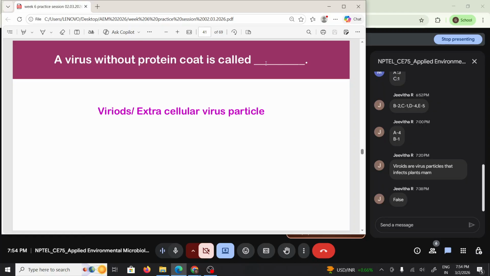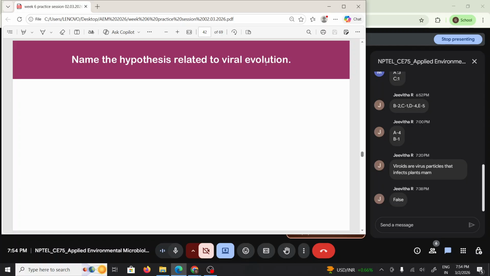Okay, a virus without a protein coat is called a viroid or an extracellular virus particle. Name the hypothesis related to viral evolution. There are three hypotheses. You can name any of them.